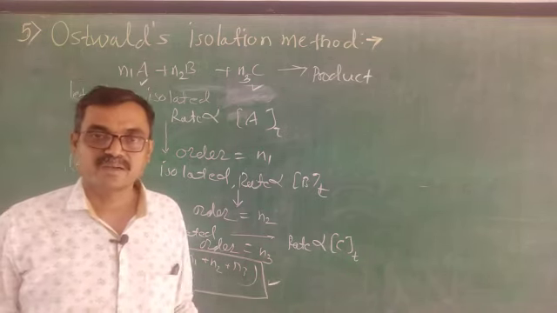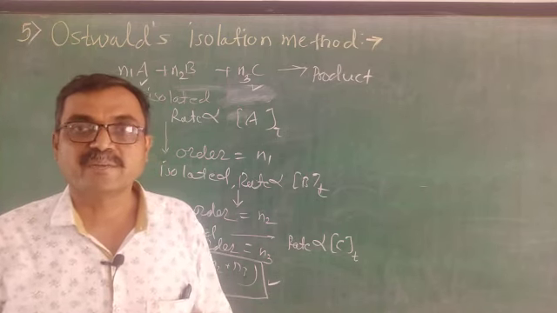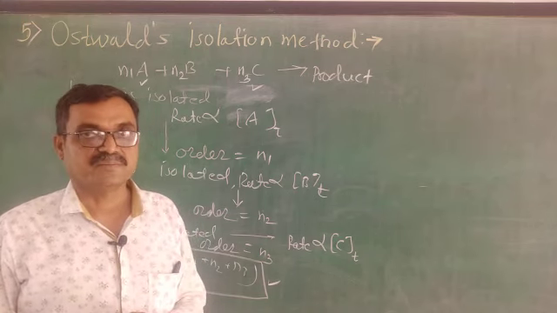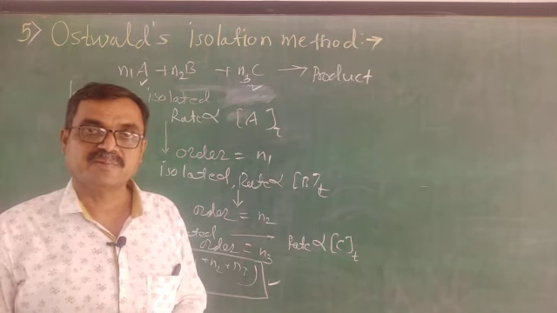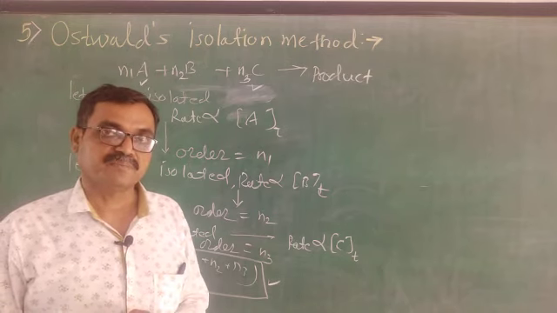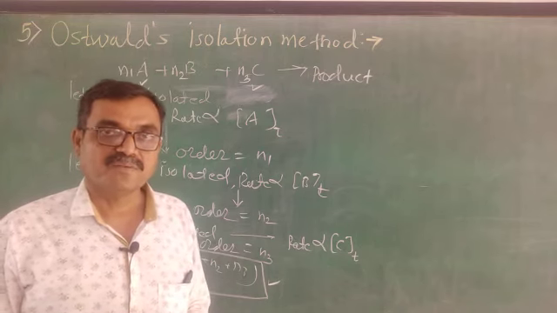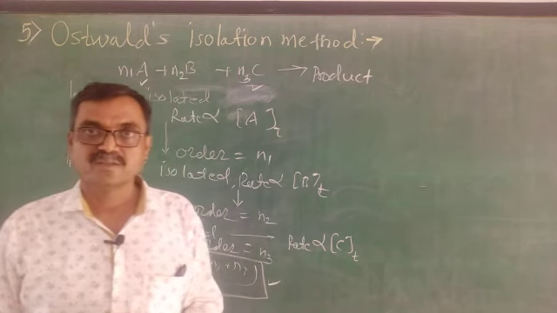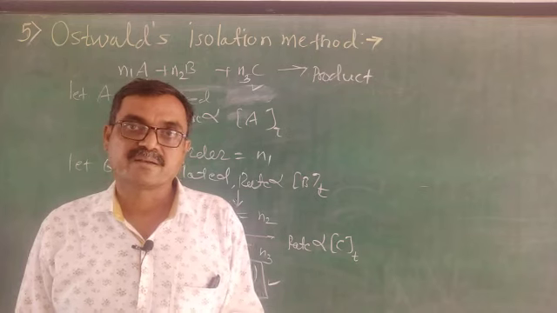Now here our topic related to methods for the determination of order is completed. If any difficulty, call me or ask me anytime. Okay, I think all 5 methods you got, you understood in a very good manner.